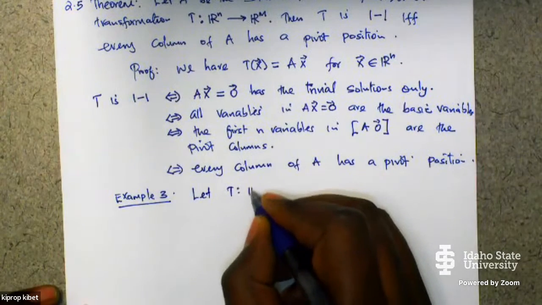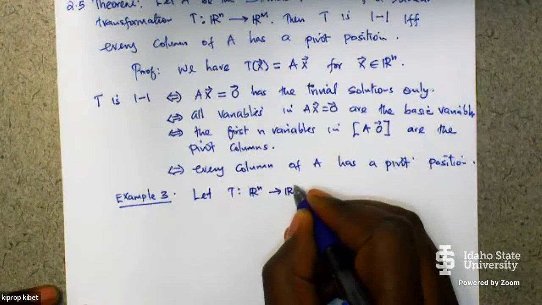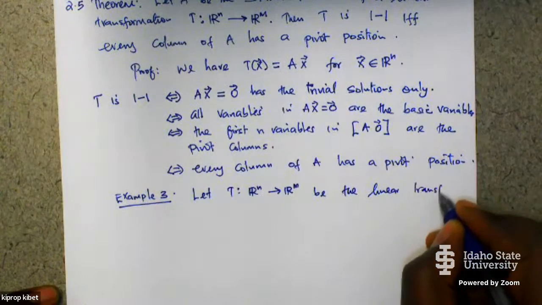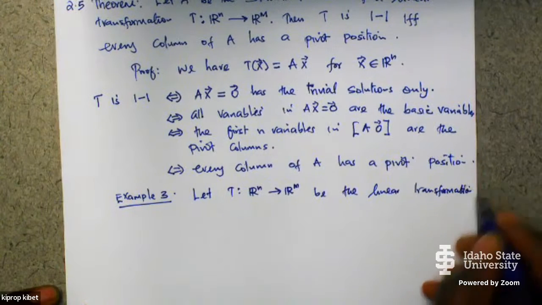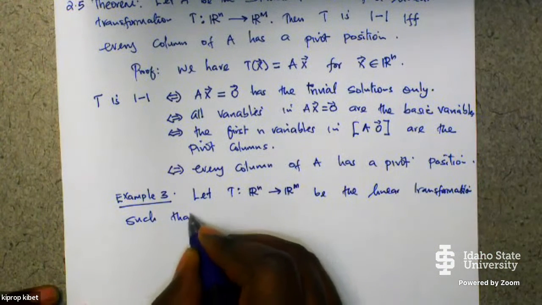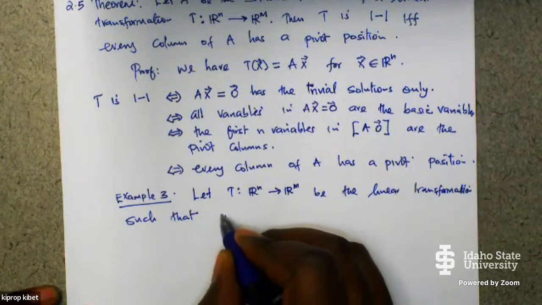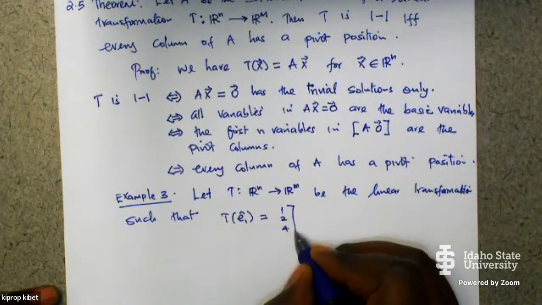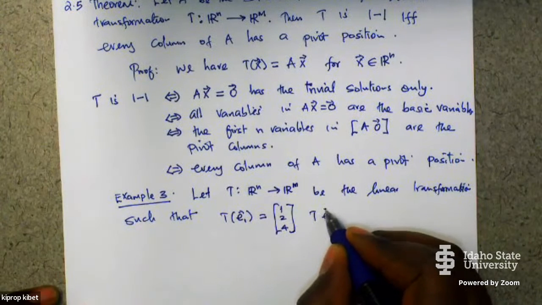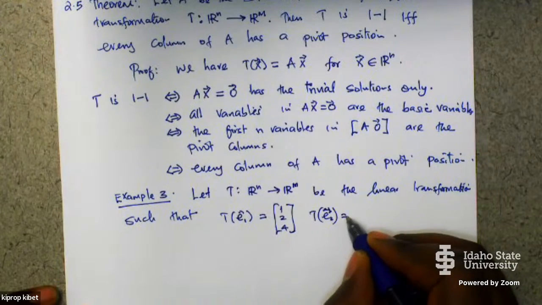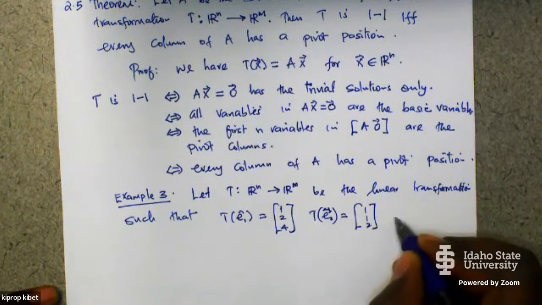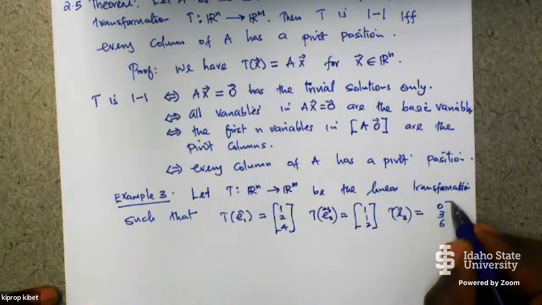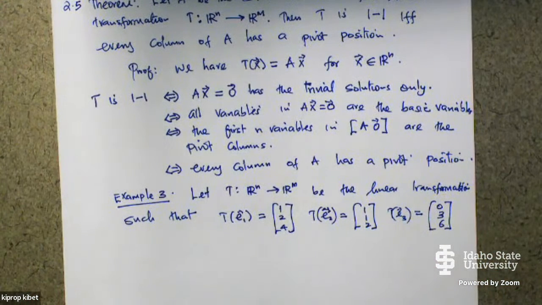Let T from Rn to Rm be the linear transformation such that T(e1) equals 1, 2, 4, T(e2) equals 1, 1, 2, and T(e3) equals 0, 3, and 6.